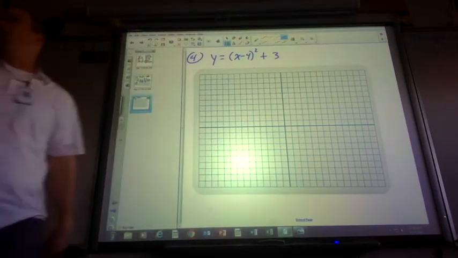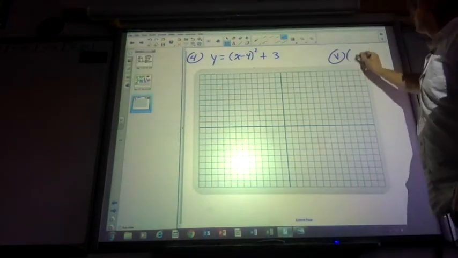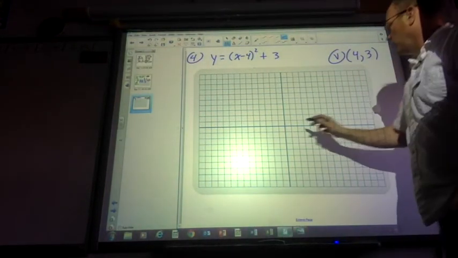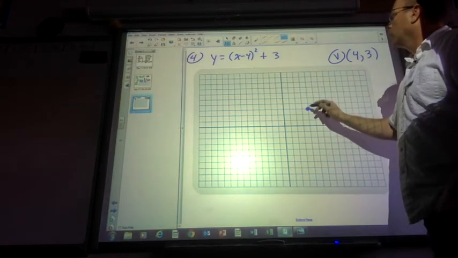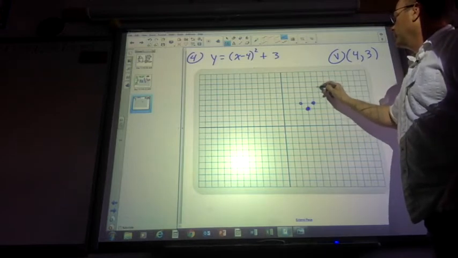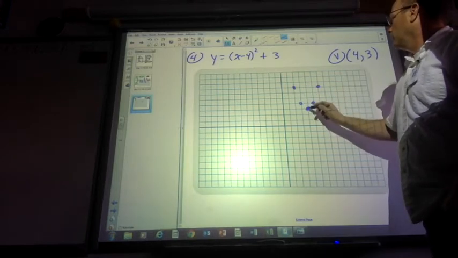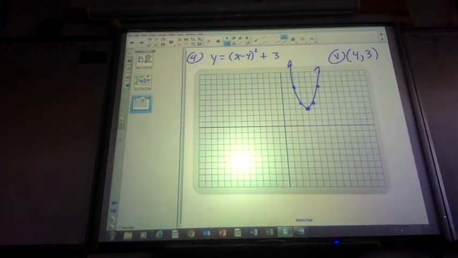So I only have to really find my vertex and pattern graph. So what's my vertex going to be? 4, 3. So 1, 2, 3, 4, up 3. And then right 1 up 1, left 1 up 1, right 1 up 3, left 1 up 3. Cool. Look at that nice pretty parabola. We got all kinds of good stuff there. Feel good about that one?